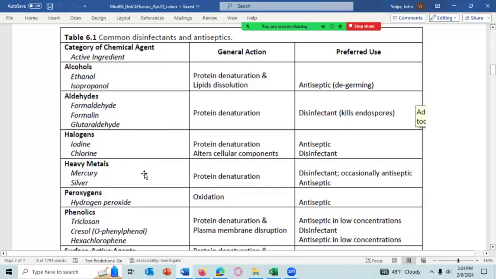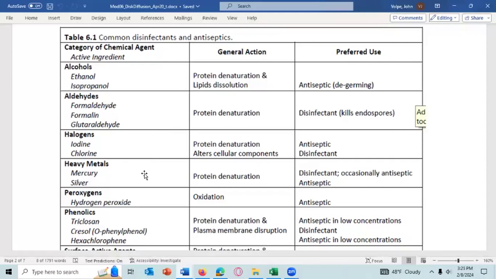Heavy metals are something that for a long time was not used by the healthcare industry. However, their use has come back, and that's because of the development of antibiotic resistance, because various bacteria have developed resistance to antibiotics.